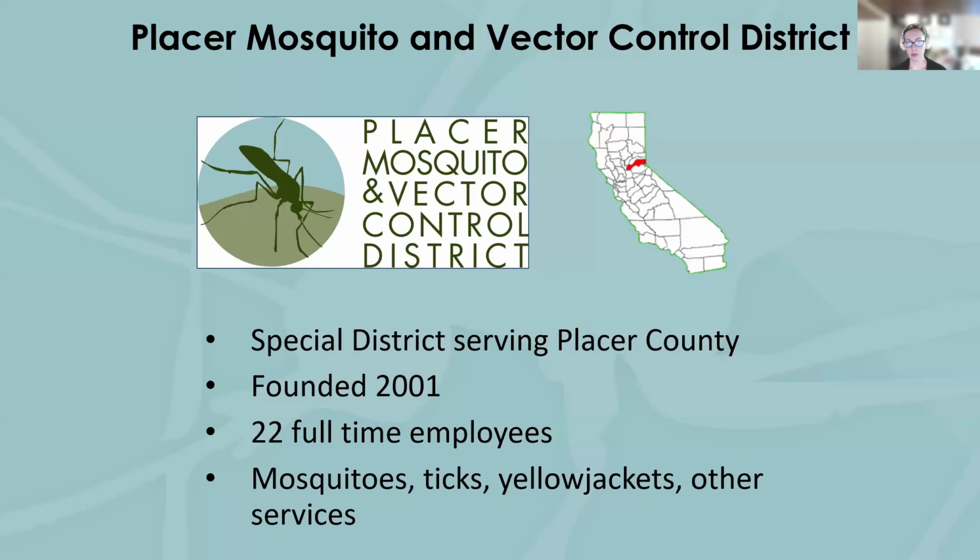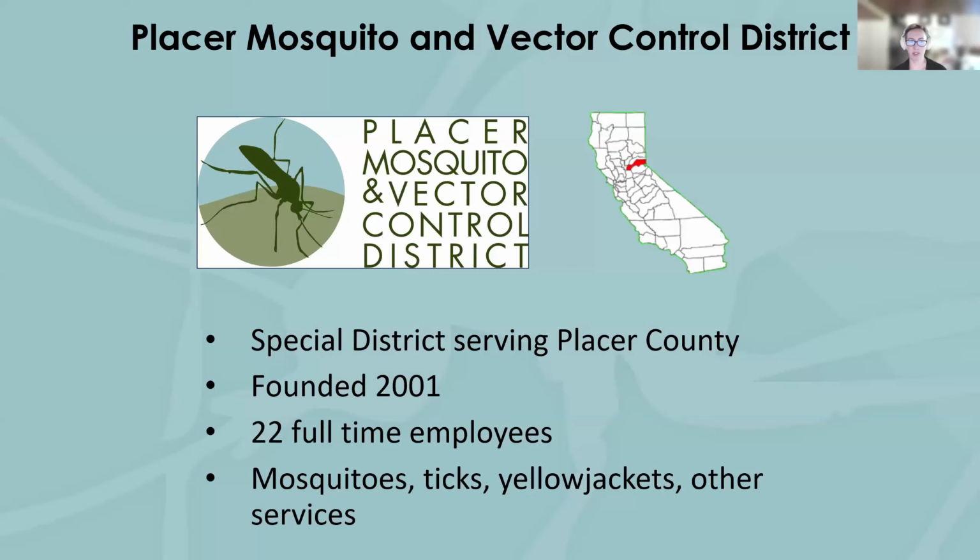So the agency I work for, the Placer Mosquito and Vector Control District, is located in Placer County, California, just outside Sacramento, shown in the red here. We are a local special district founded in 2001. We have around 22 full-time employees, and we focus our activities on mosquitoes and ticks primarily, also yellow jackets and a few other vectors.